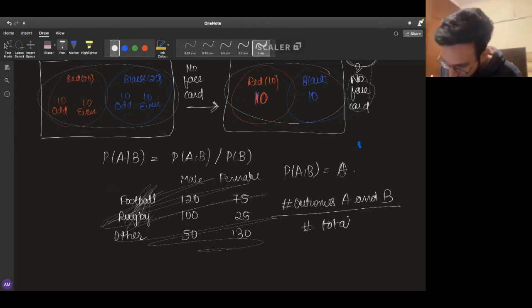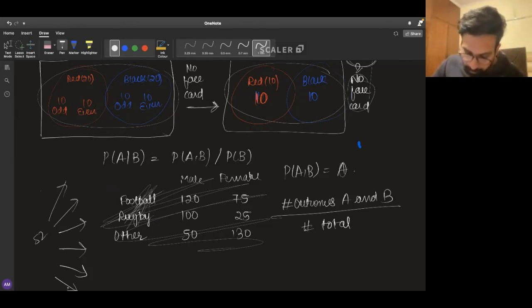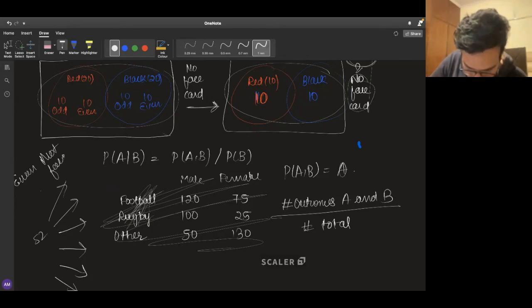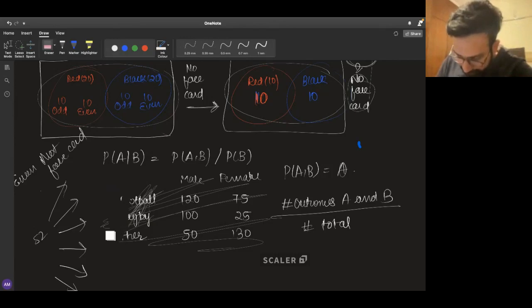So out of 52 cards, I have to consider all possible positive outcomes which match both conditions. What are the two conditions? It's even and not a face card. Now, I didn't create this script, and whoever created it didn't take the best example.